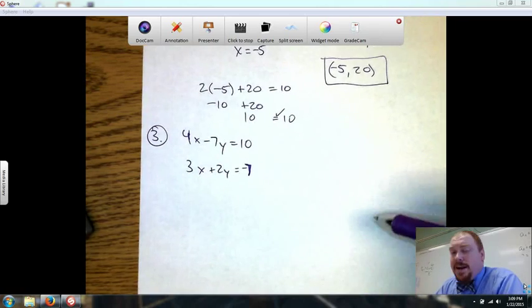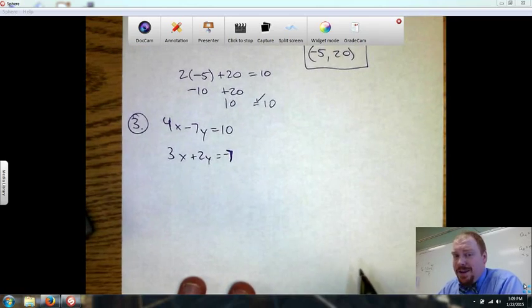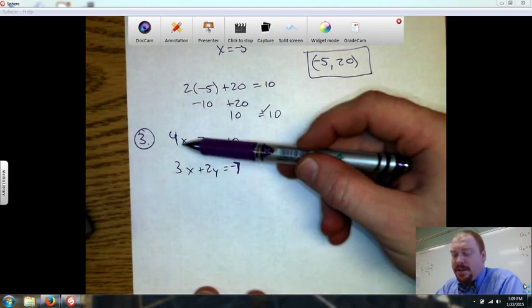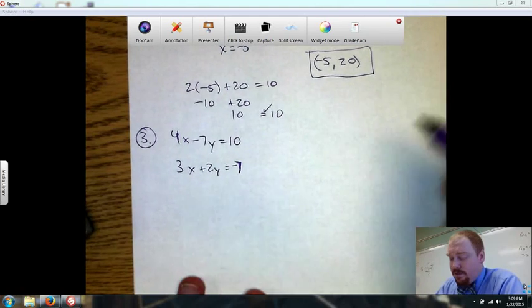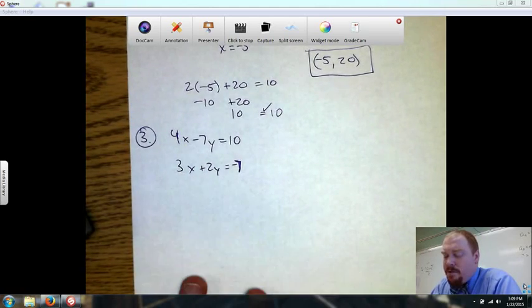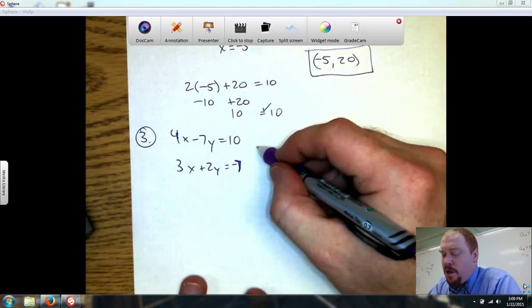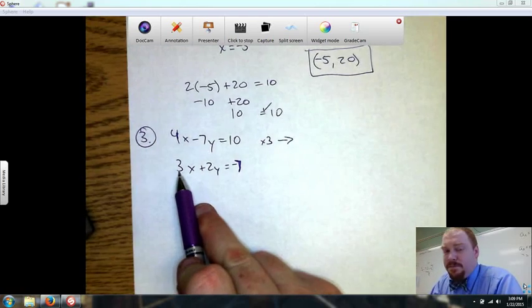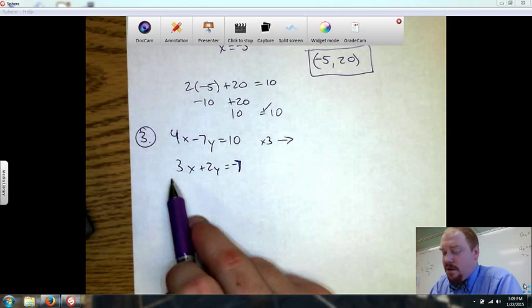So what I do is I cross multiply. So I'm going to multiply the bottom equation by the top equation's first number, and multiply the top by the bottom equation's first number. So I'm going to multiply the top by 3, because that's the first number, and I multiply the bottom by 4.